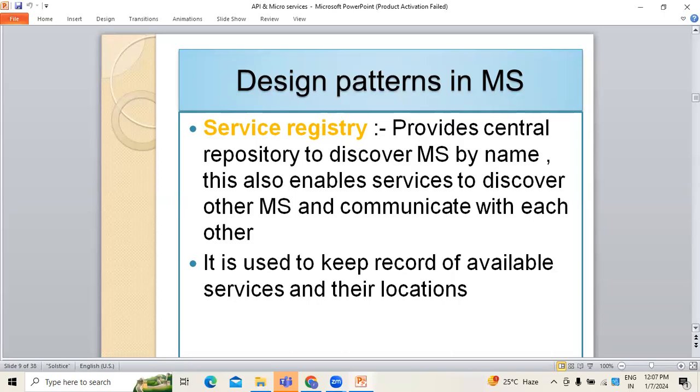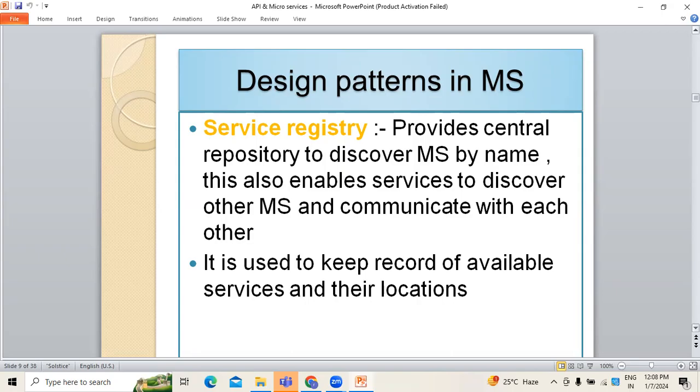What we are going to provide is irrespective of the kind of application we belong to, right? So irrespective of the kind of application we are developing, service registry provides a central repository, majorly to discover microservices.